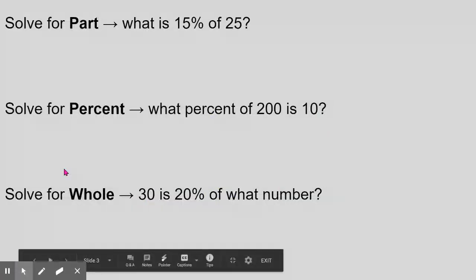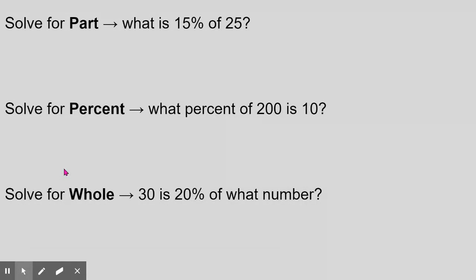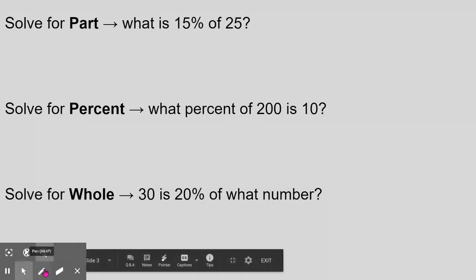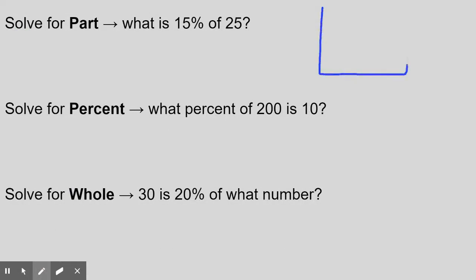So now let's talk about how this box problem works and setting it up. The first example is solving for a part. That means I'm going to set up my box. And remember, I'm going to put that 100 in the bottom right-hand corner every time. So, solving for the part: what is 15% of 25?